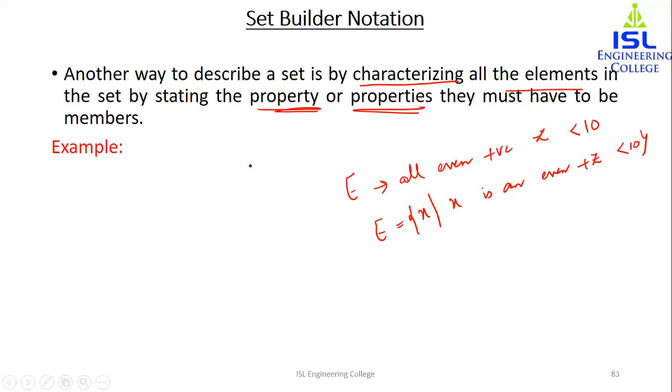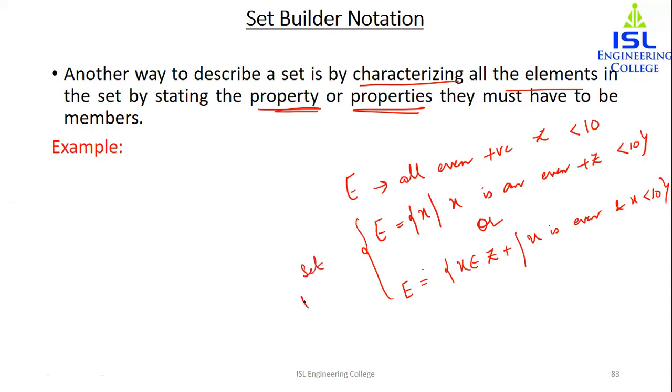Or we can even describe it in this way: E equals {x belongs to Z+ | x is even and x is less than 10}. So these two notations are known as set builder notation.